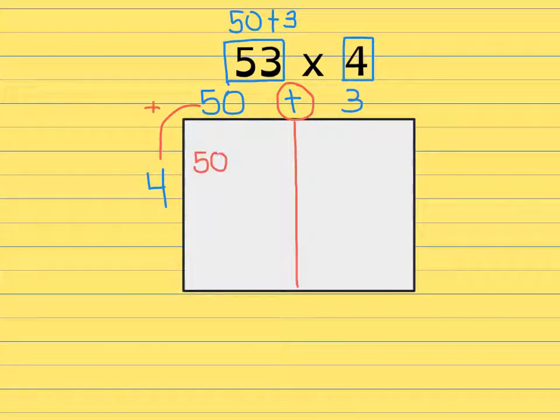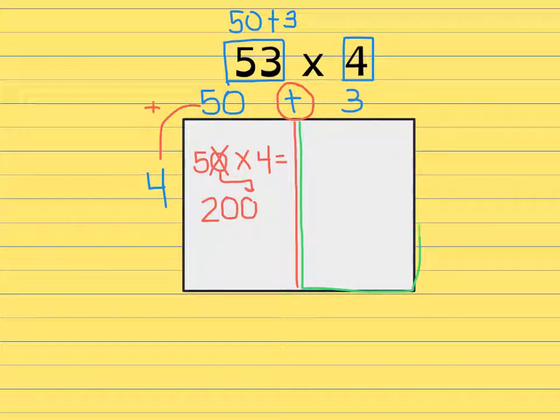50 times 4 equals. I'm going to take away my 0 and multiply 5 times 4, which is 20. Don't forget, if I take away a 0, I have to add it back in, making that 200. Now I'm looking at my next box. 4 times 3. 4 times 3 is 12.